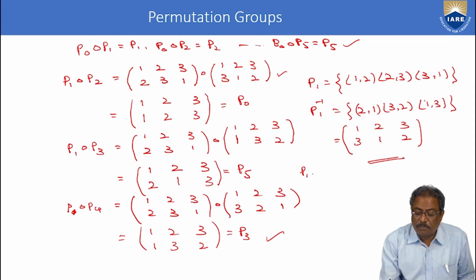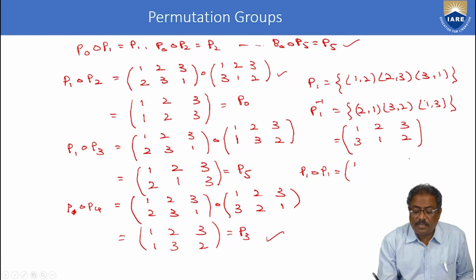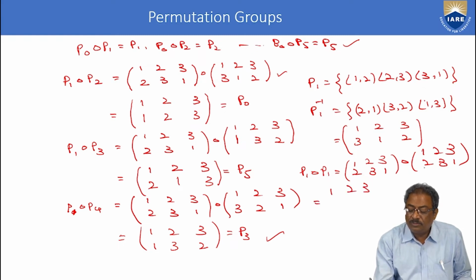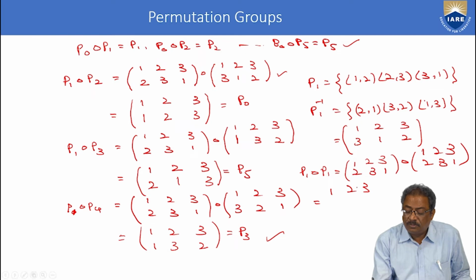If I take P1 circle P1, P1 is 1, 2, 3 going to 2, 3, 1, composed with 2, 3, 1. So 1 goes to 2, and 2 goes to 3, so 1 goes to 3.